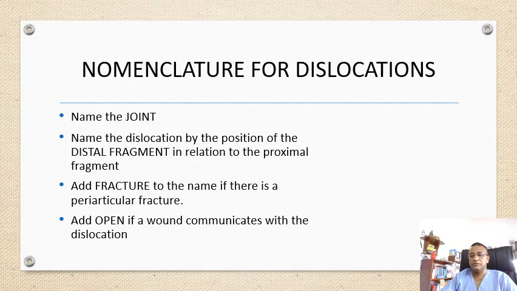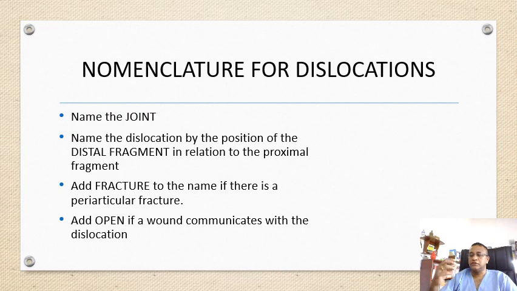Now, if there is any periarticular fracture, you have to add this: fracture dislocation of shoulder joint, right? Fracture dislocation of elbow joint, like that. And next, finally, you have to add whether it is open or closed.